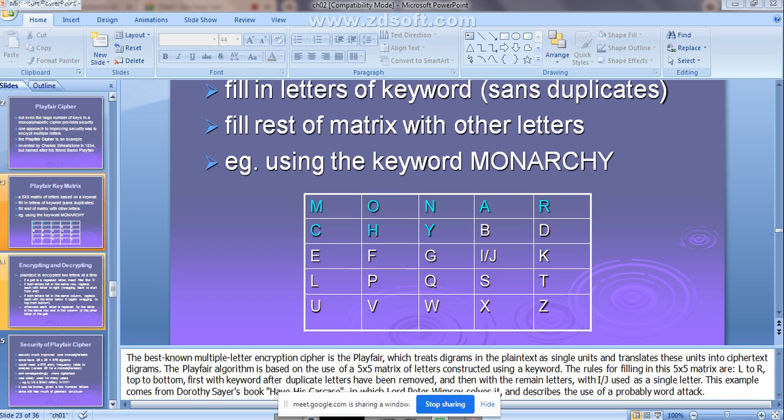First fill the letters of the keyword, then fill the rest of the cells with the other letters in alphabetical order.